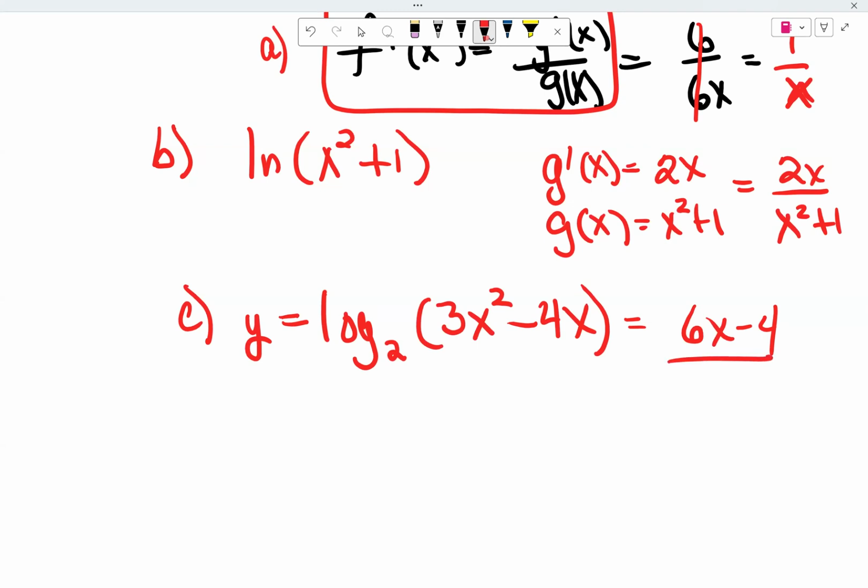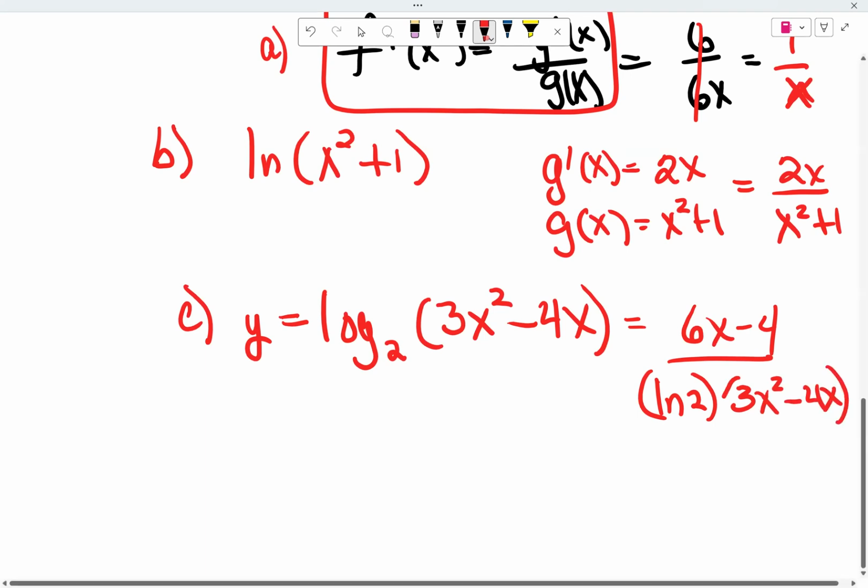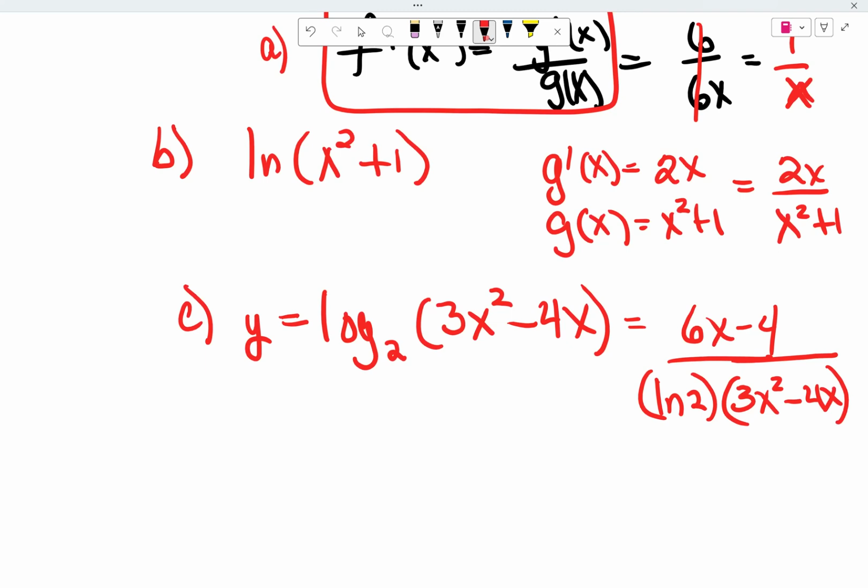That is divided by the natural log of 2. So you have to account for the base. And this will be 3x squared minus 4x, simply repeated at the bottom. So all of that is your derivative for that particular function.